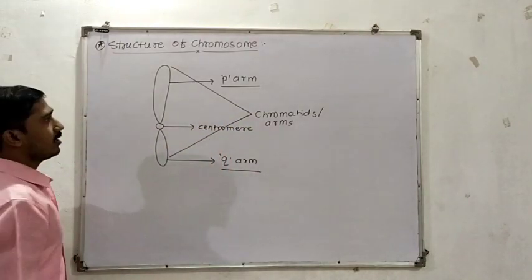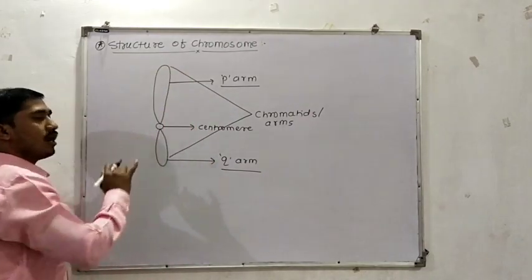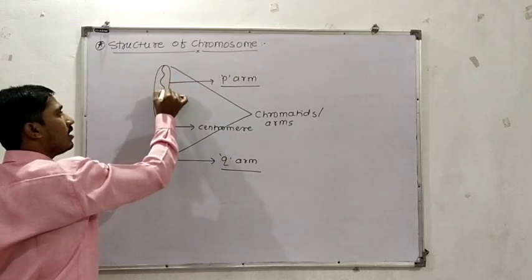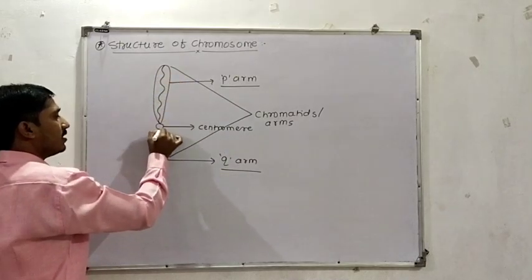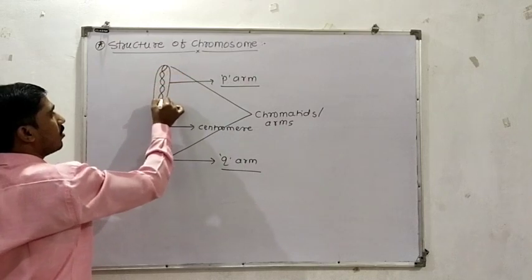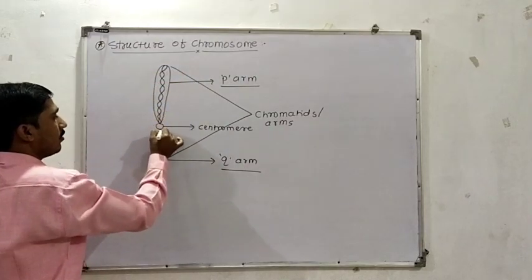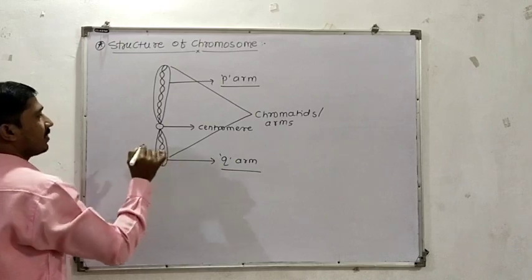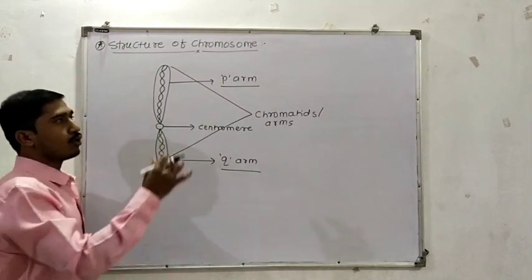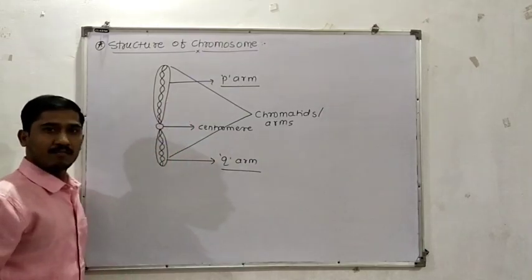Right? Then next, inside these two arms, a thread-like structure is present. That thread-like structure is called DNA. As I said earlier, chromosomes are composed of DNA, right?